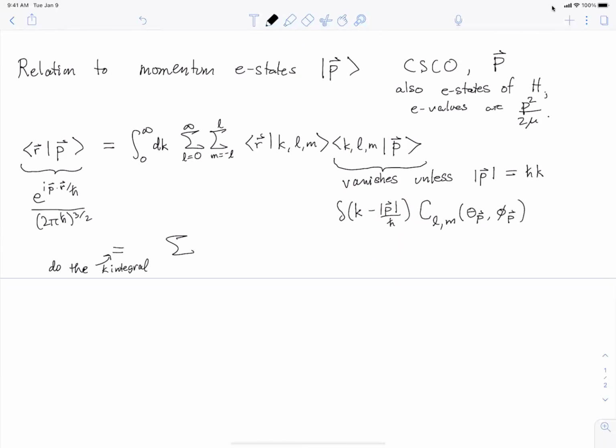So it's a sum over L, sum over M, of R K L M, C L M, theta P, phi P. And so the idea now is to solve for those coefficients as unknowns.